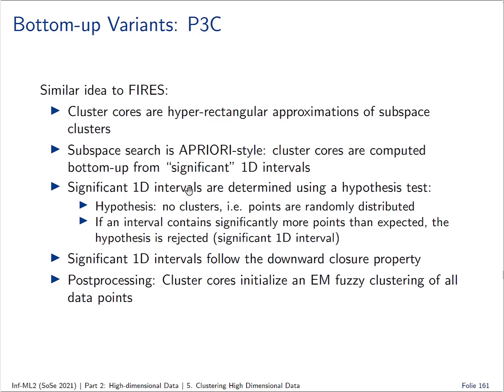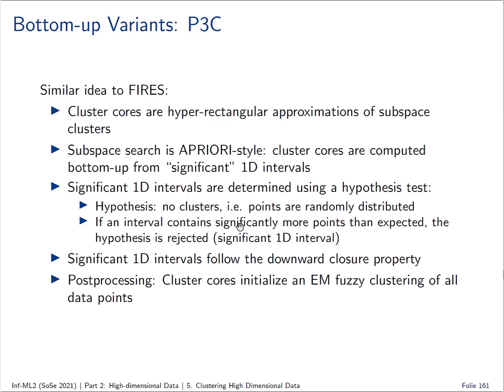So we just apply a different cluster model, which is a hypothesis test. The null hypothesis is that there are randomly distributed points. As I said before, significant one-dimensional intervals follow the downward closure property, so we can use Apriori in that case again. Different to FIRES in that case.